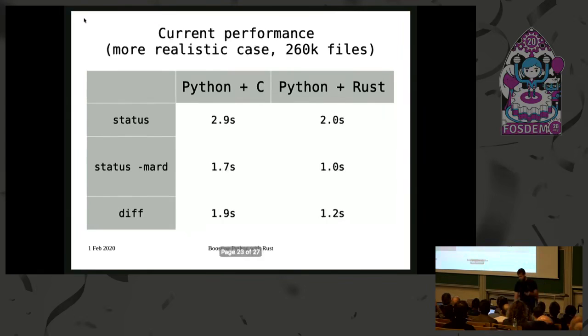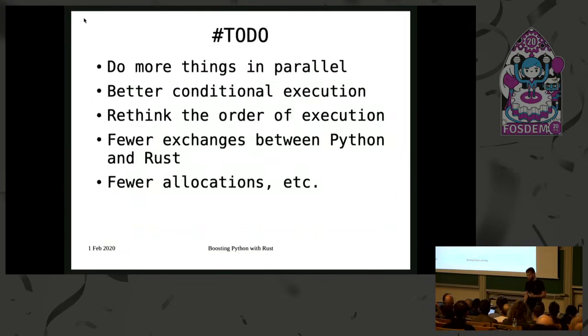But for a more realistic case, we see about 50% improvement in performance, which again, it's very nice, it's cool. It compounds nicely if you have like a CI system or something. But it's very far from the thing that we're trying to achieve. So there's a lot more stuff that we can do to make this go faster.